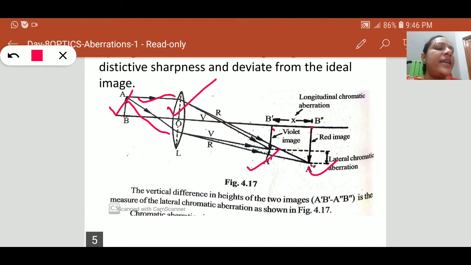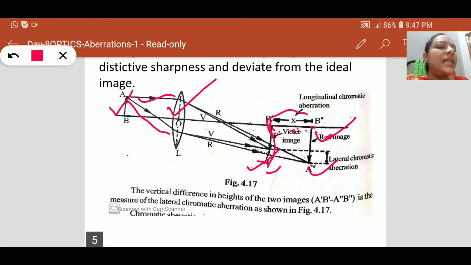Due to the more refraction of the violet rays, the violet color meets nearer to the lens. So here we get one image, whereas the red rays meet at a farther point, so we get another image, and between these 2 points images of different colors are formed.